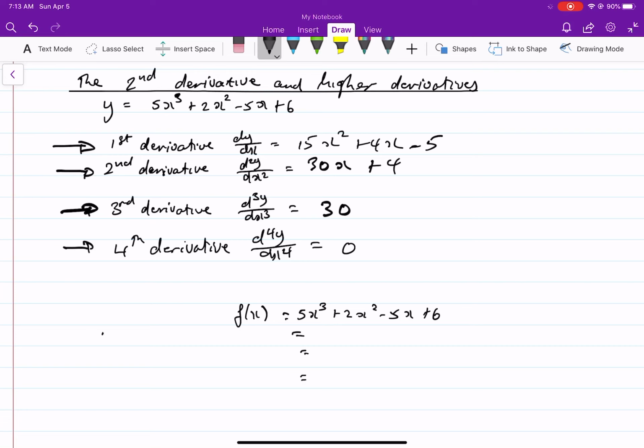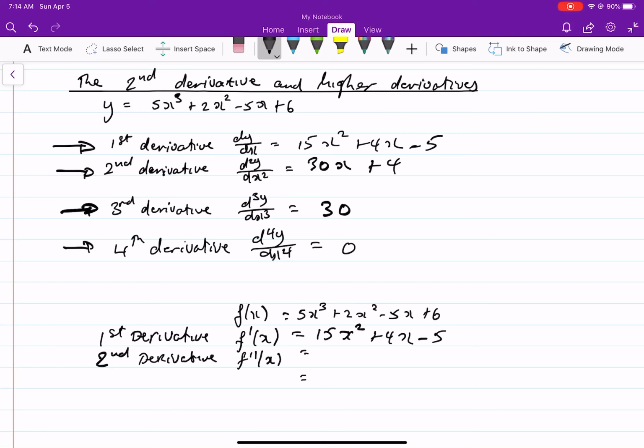Your first derivative you refer to as f prime of x. That's not f inverse, that's f prime. F prime means you've differentiated once. So the result is 15x squared plus 4x minus 5. Your second derivative is f double prime of x, 2 primes, and that would be 30x plus 4.